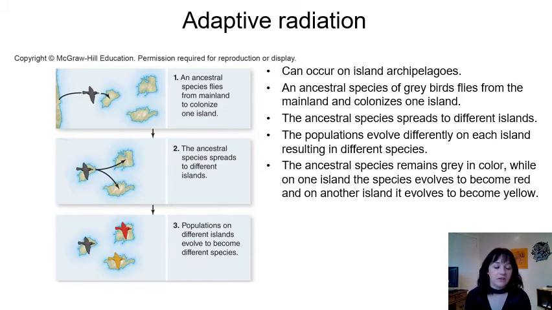These birds then, they're in these new unique environments. Each of those islands, they're not identical, right? And so over time, they're going to adapt, they're going to evolve to become optimized for the different environments that they're in, and could result in now 3 different species.